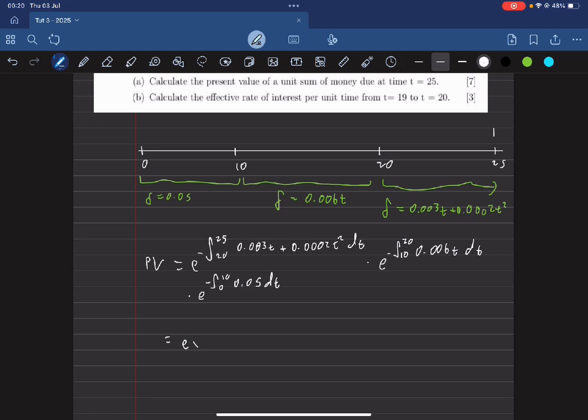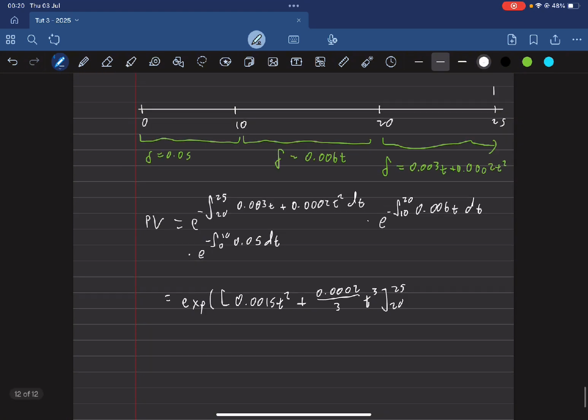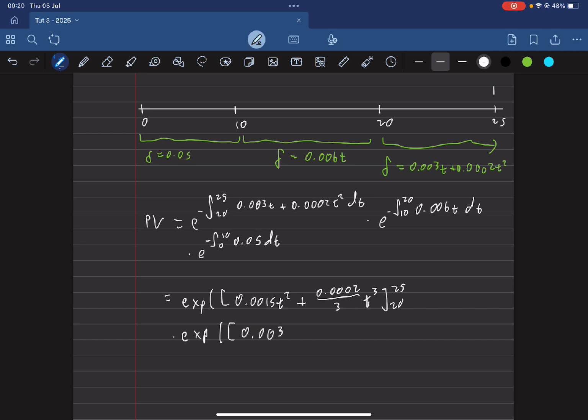So it'll be e to the power of 0.0015 t squared plus 0.0002 over 3 t cubed, evaluated from 20 to 25, times e to the power of 0.003 t squared, evaluated from 10 to 20, times e to the power of 0.05t, evaluated from 0 to 10.